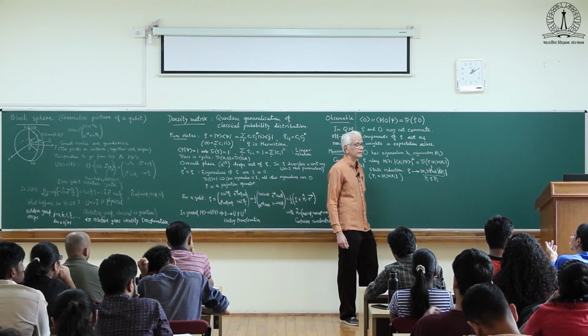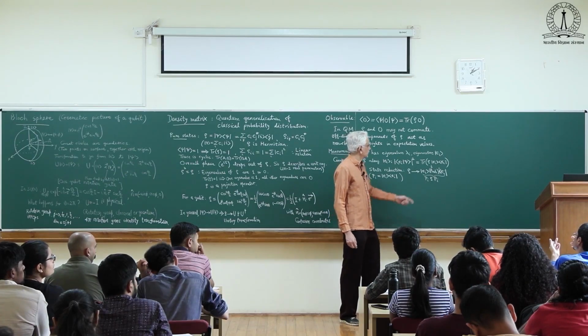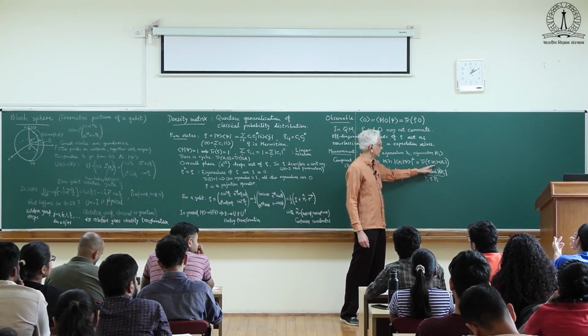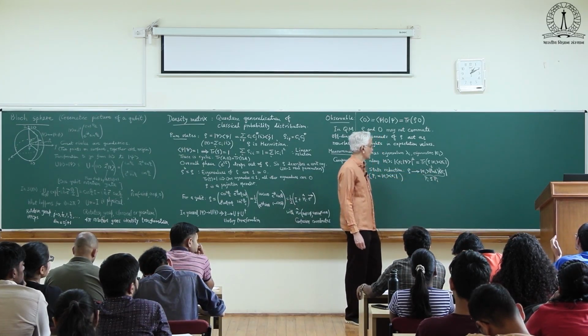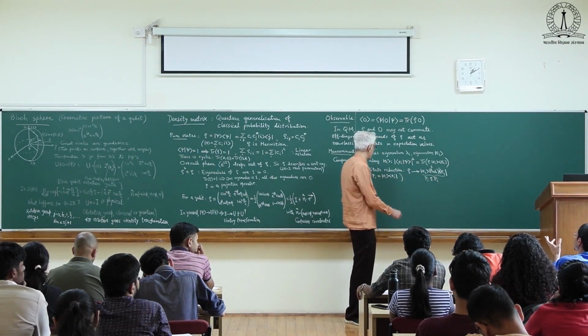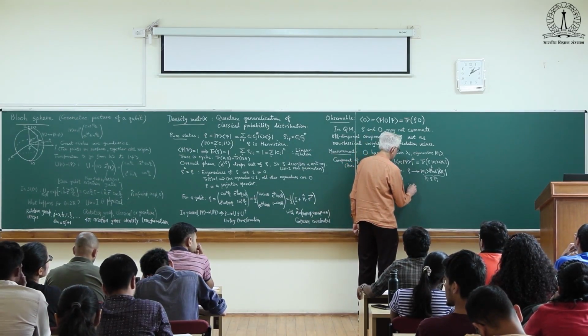Here we are getting the probability as a coefficient. The probability is this expression, this whole trace of rho ei. This whole thing is the probability. You write it down by brute force.